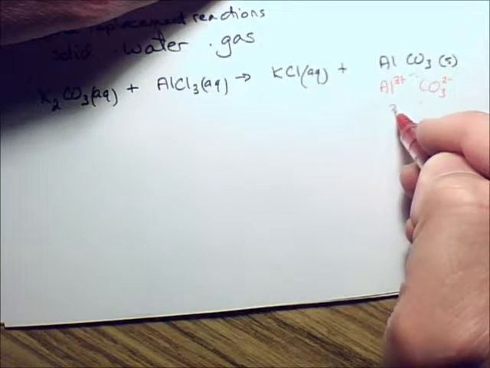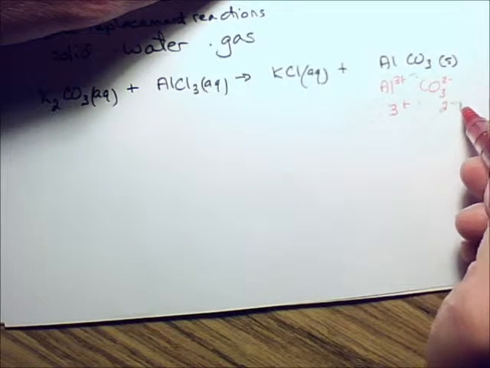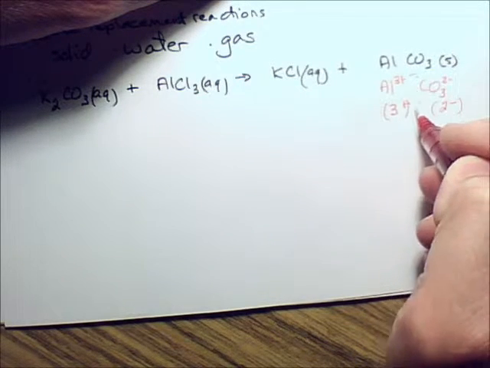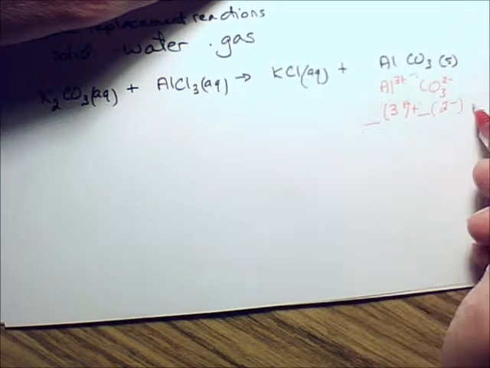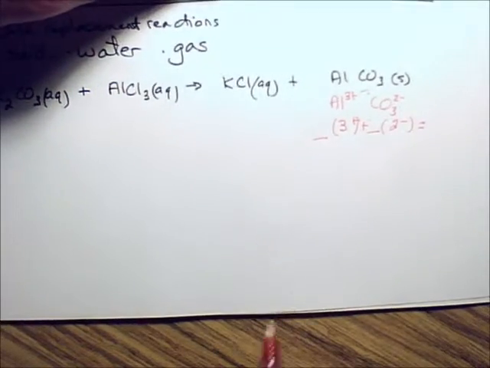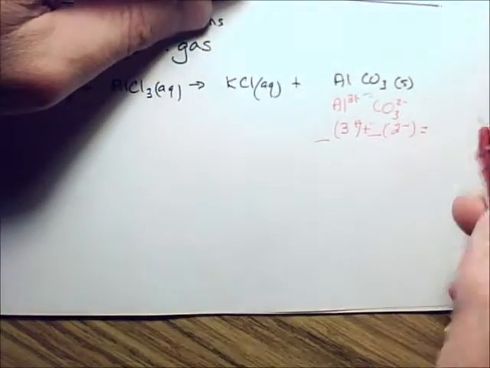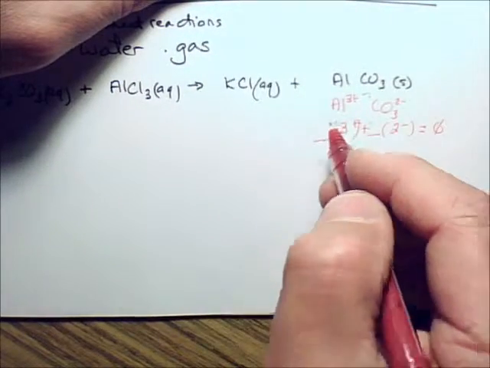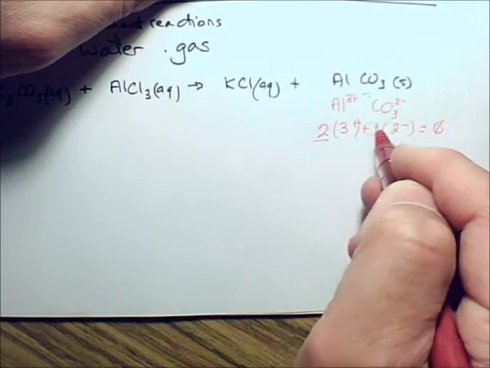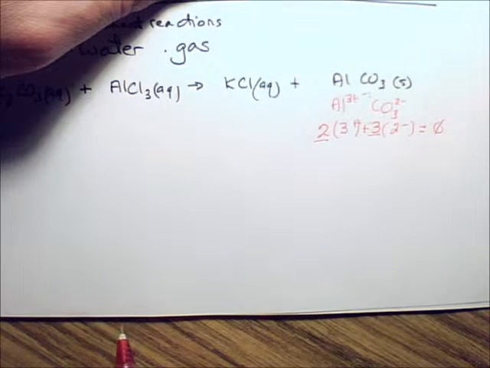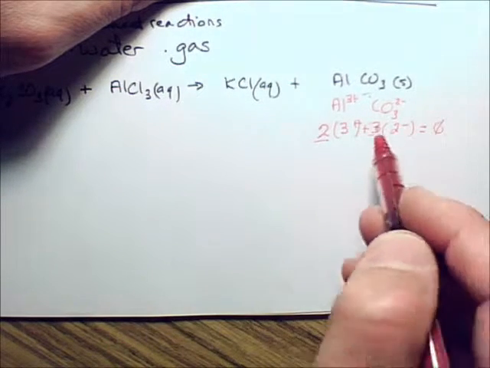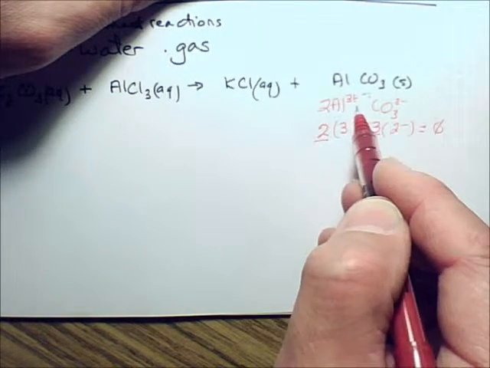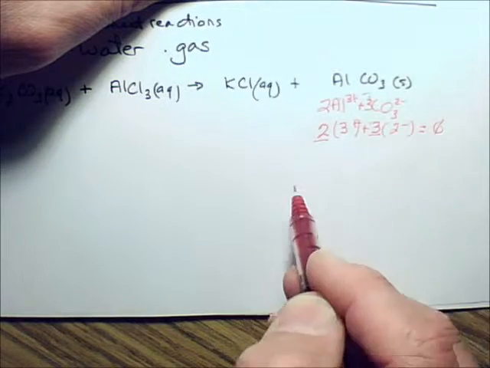So now I've got a 3 plus and a 2 negative. I need to figure out how to get that to be 0 overall. So that means I'm going to need 2 of these and 3 of these.